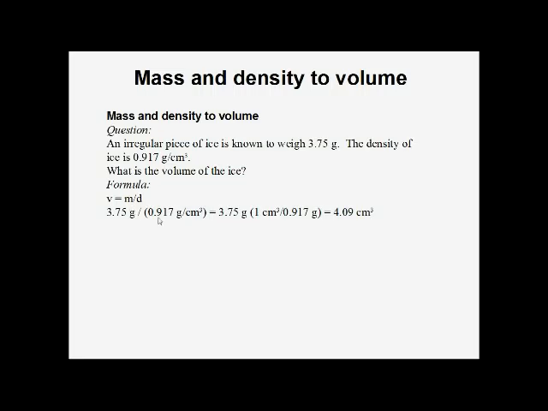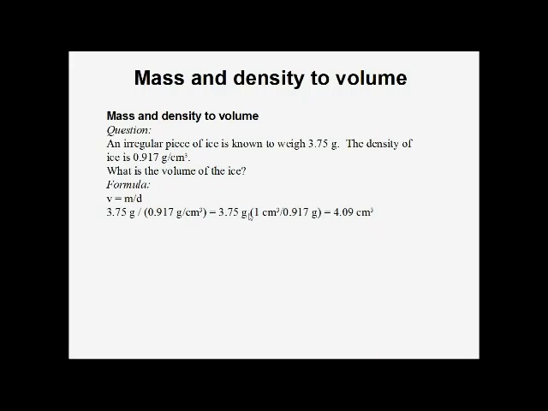And on this bottom line also, this shows us another way that we can do this. So if we divide by something, it's equivalent to multiplying by its inverse. So if we're dividing by density, density is 0.917 grams per cubic centimeter. So instead of dividing by it, we can go to multiplication by the inverse.